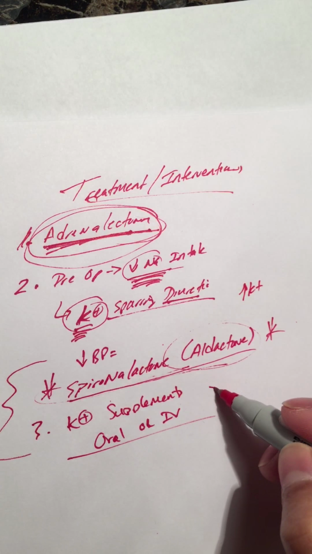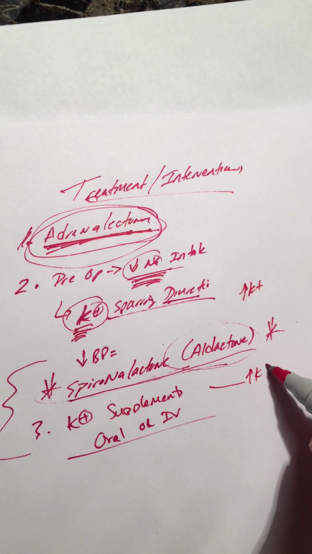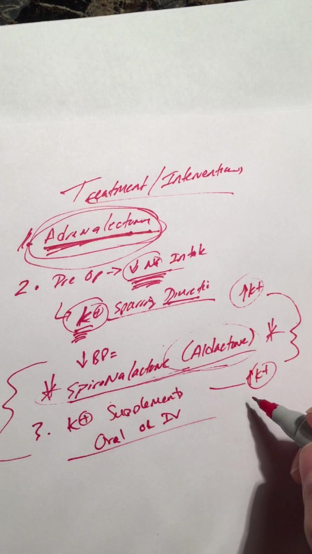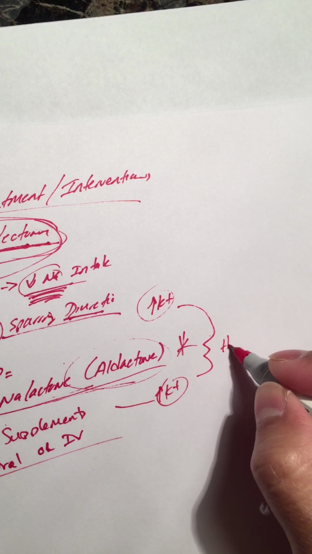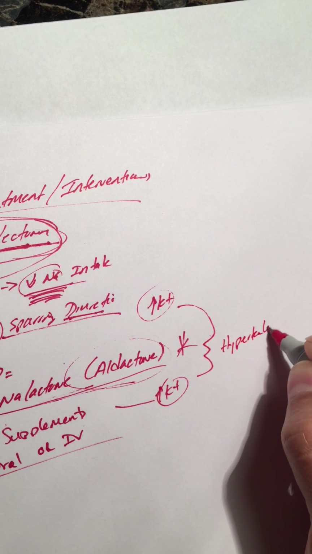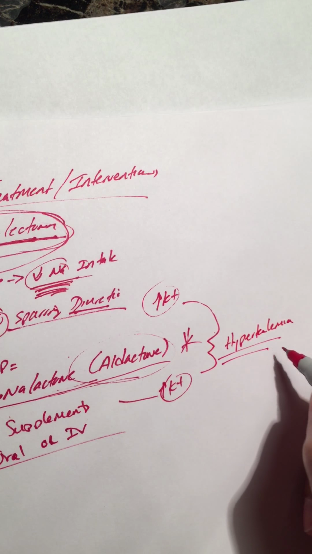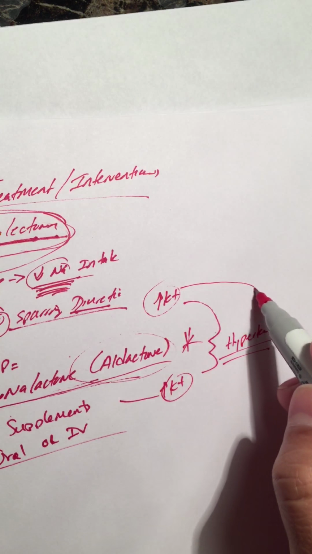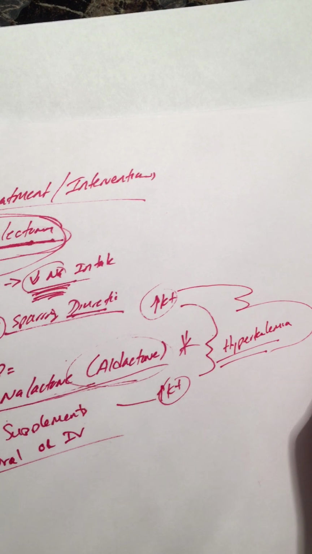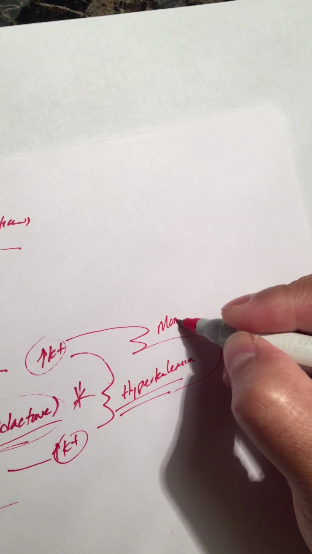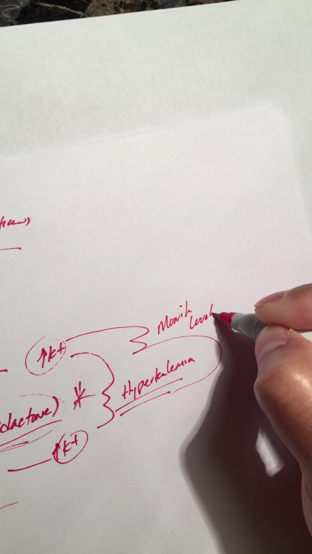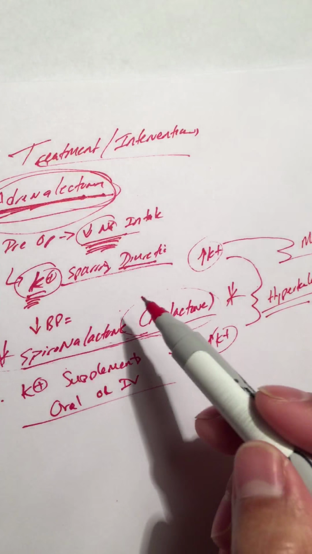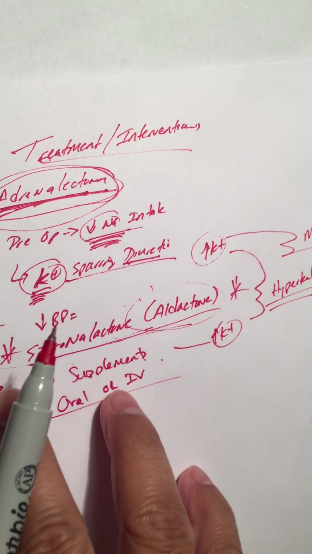And if you give potassium supplements, that also is going to bring their potassium levels up. So if you give both of these at the same time, you have a likelihood of causing hyperkalemia. Okay, so you always want to make sure that, again, you're monitoring potassium levels. So that is another intervention. You will monitor these levels, especially if it ends up that you do give these two things at once.